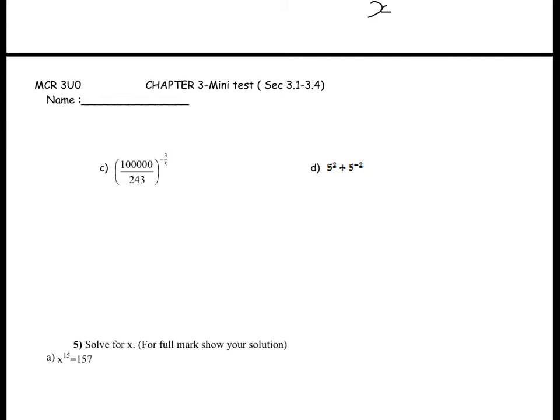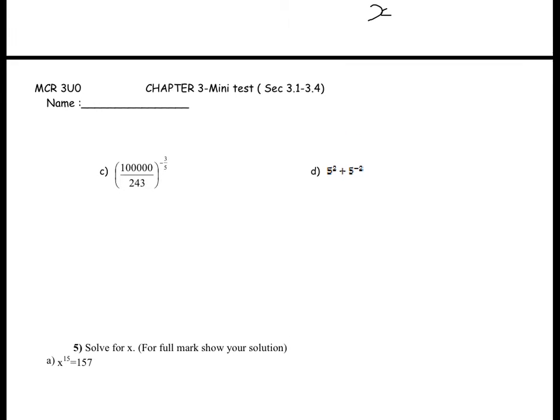The next question is 100,000 divided by 243 exponent negative 3 over 5. 100,000 can be written as 10 exponent 5 divided by 243, which can be written as 3 exponent 5, the whole thing exponent negative 3 over 5. I'm going to distribute the power inside, and if you have a power to a power, you multiply exponents.